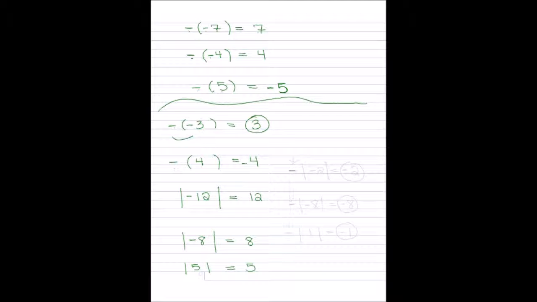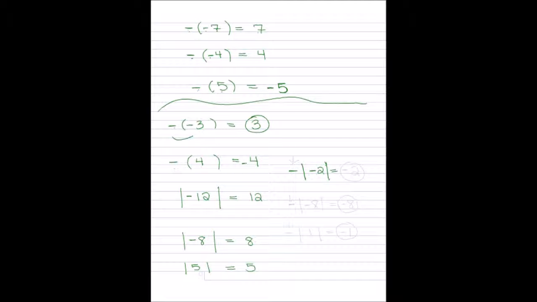Let's say you see something like this, negative, negative 2. And these are absolute value symbols here. In this case, the two negatives do not come together and make it positive, because you have to actually do the absolute value first. The absolute value of negative 2 is positive 2. And then you tag the negative back to the front.